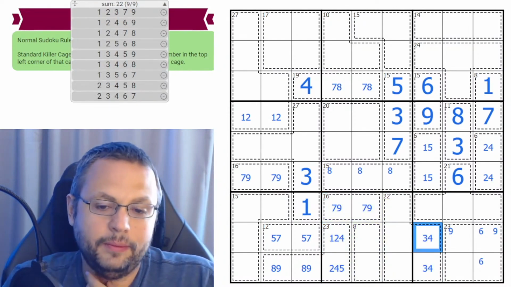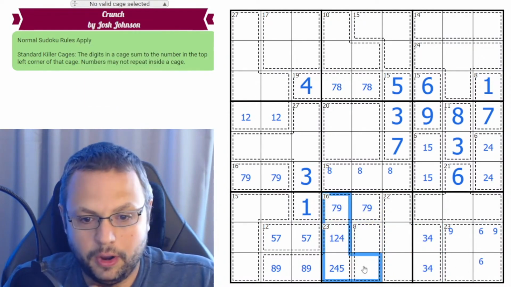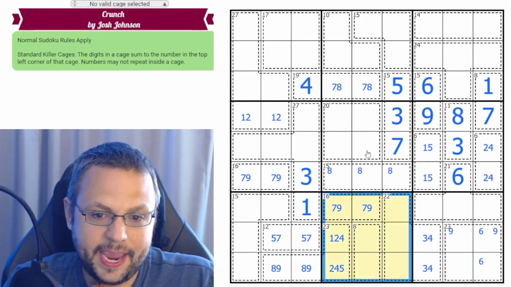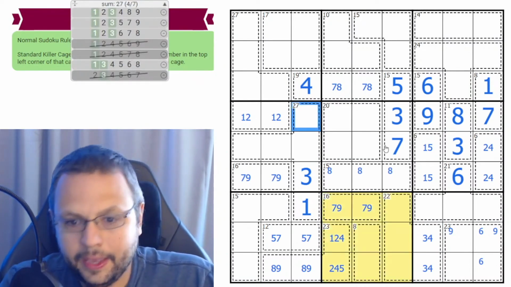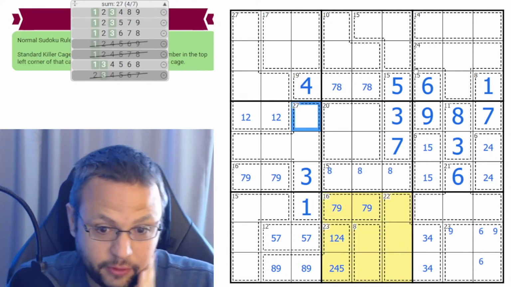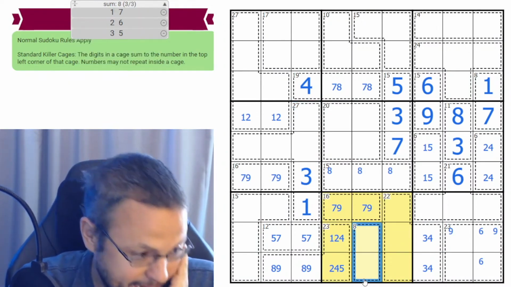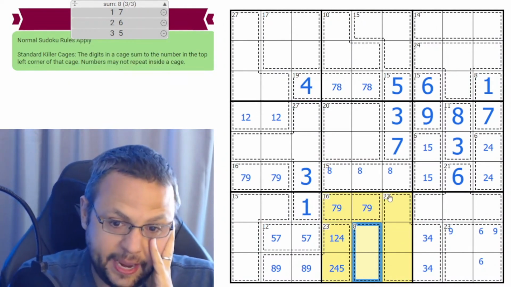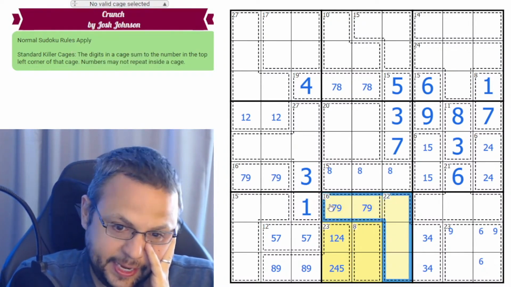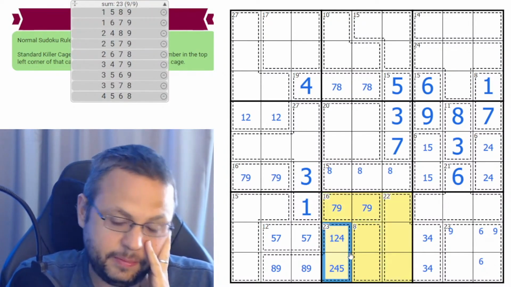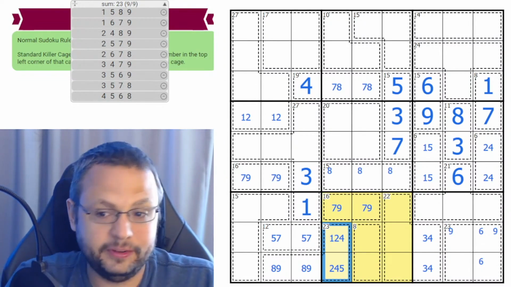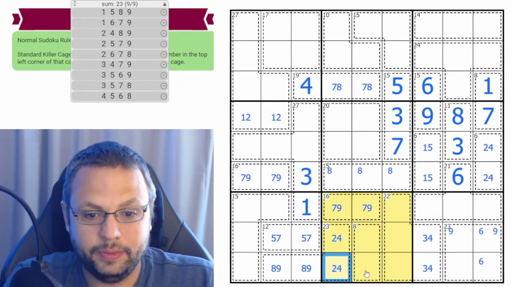And now, actually, we need to ask the question, where does 4 go in box 8? And so one of my favorite facts in all of Sudoku is that you can never put a 4 in an 8 cage. So where does the 4 go? It can't repeat in the 22 cage. It can't go in the 16 cage. So the 4 has to be over here. And since these two sum to 6, the 4 over here has to go with a 2.